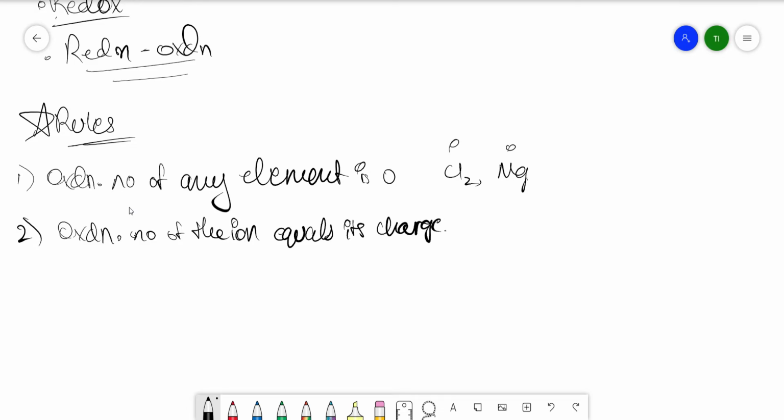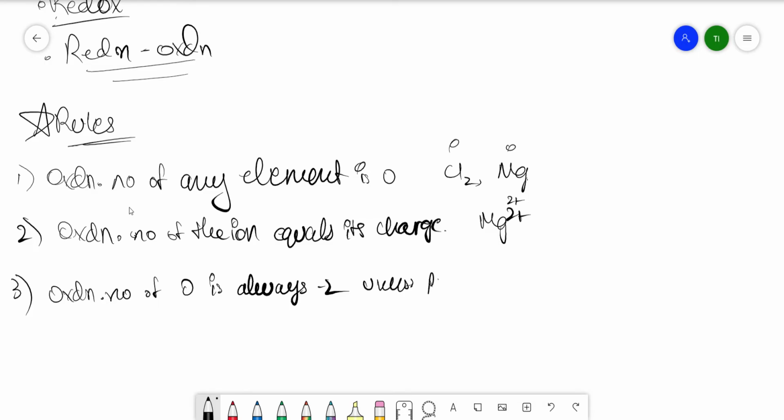So for instance, if I were to tell you Mg2+, the oxidation number of this would be 2+. The third rule is that the oxidation number of oxygen is always -2 unless it's in a peroxide. This is important.